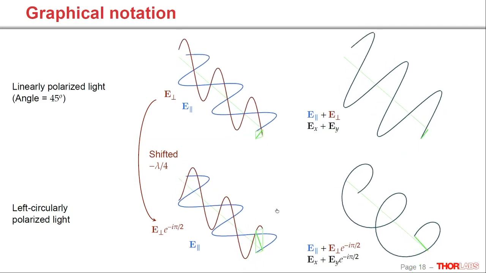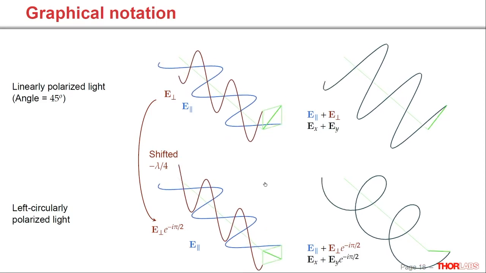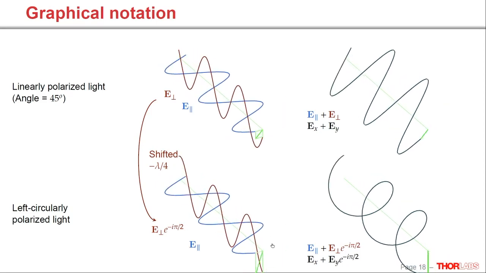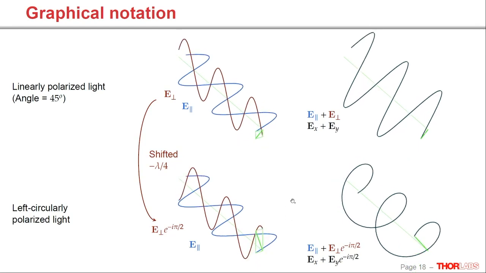If the displacement had been different, not a quarter of a wavelength, then what we get in general is elliptically polarized light.